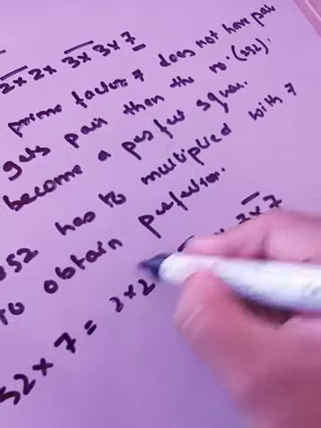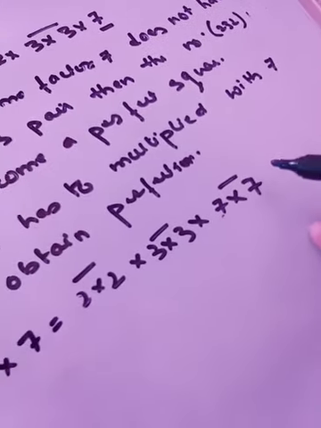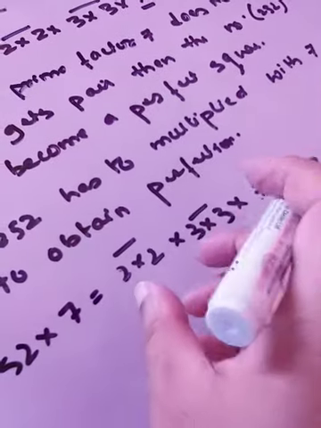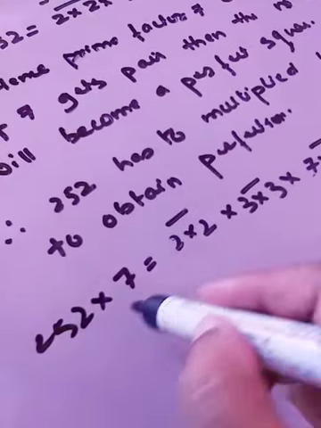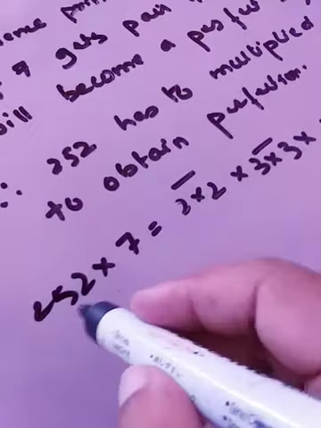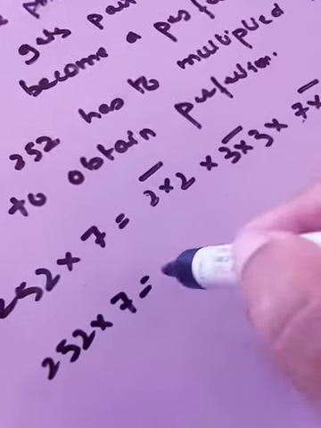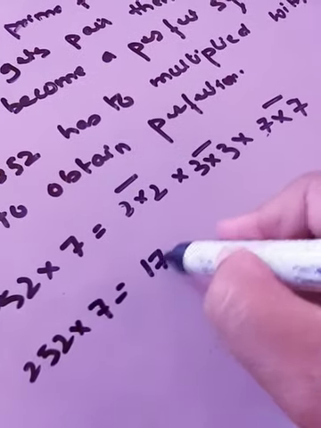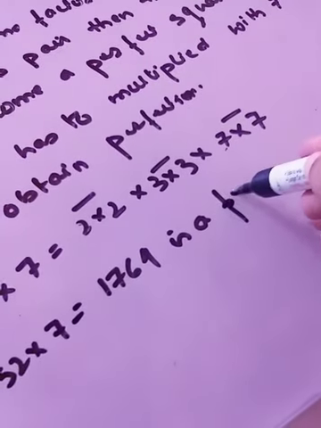Now you see, every number will be in pair form, so this number will become a perfect square. But what is that number? We have to write it down. 252 into 7 is what? If you multiply, you will get the answer 1764. So this number is a perfect square. This is the second answer.